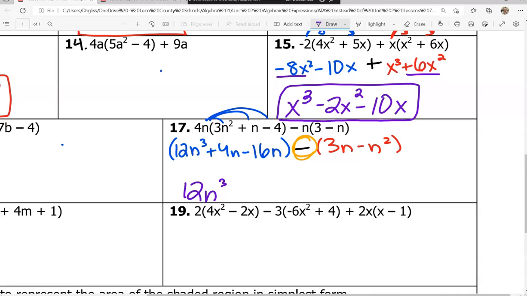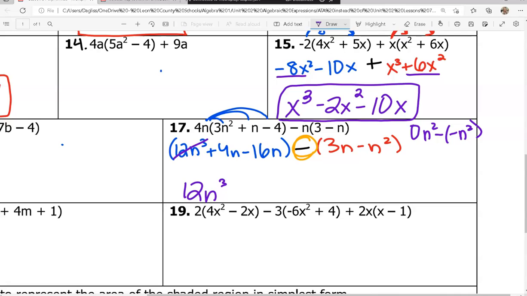So if I'm going standard form, right, after n cubed, we should look for an n squared. Do I have one of those? Yes, I have minus n squared. Is there an n squared in the first part? No, so that was what was tricky yesterday. So you're going to do 0n squared minus negative n squared.